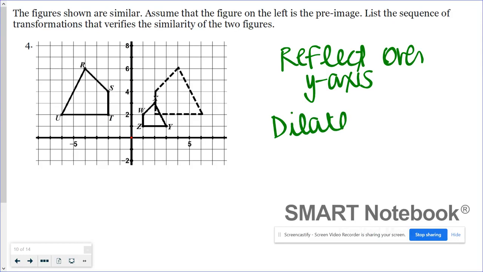So I want to dilate this figure by a scale factor of 1/2. And like I said before, I would definitely use the origin as the center of dilation because that's going to be easier. And so when I dilate this by a scale factor of 1/2, I think that's it. It totally maps it onto WXYZ.